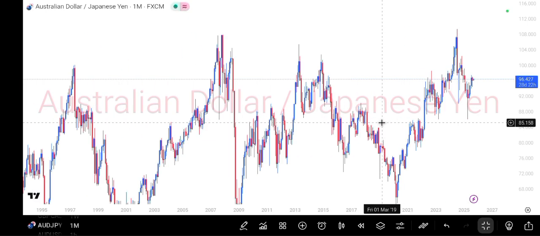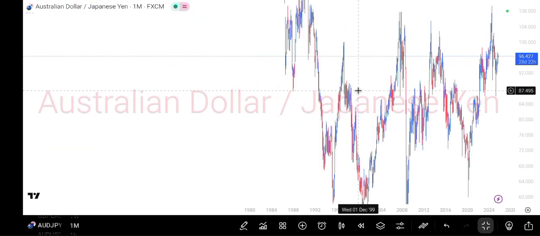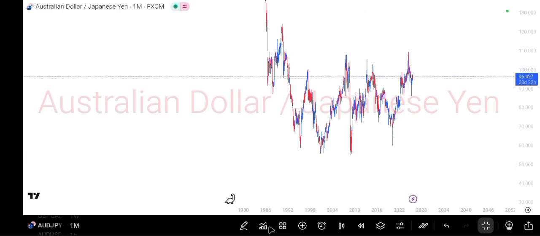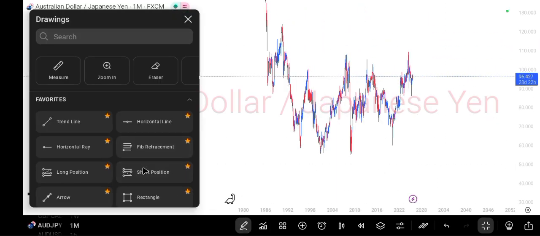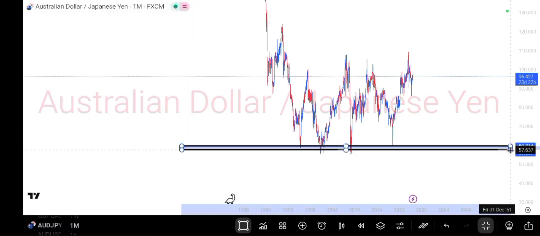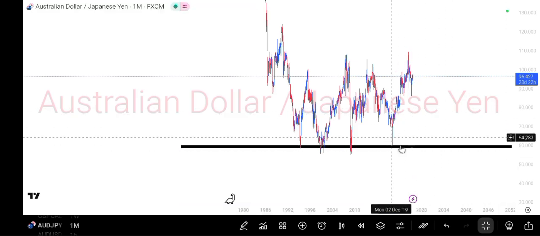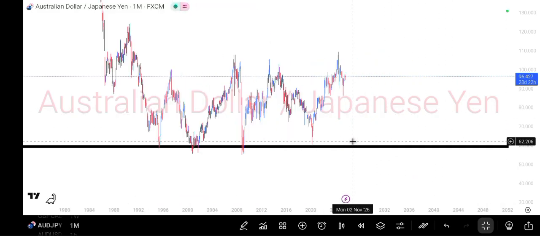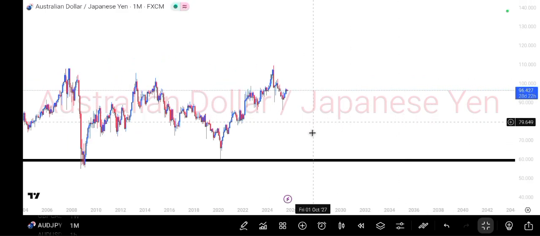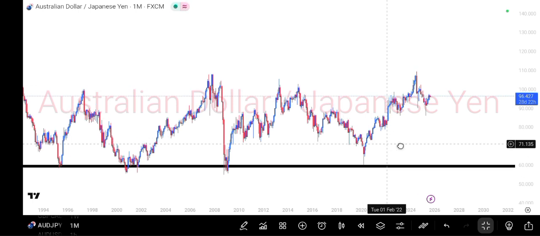Now I'll zoom in. I told us the weekly time frame is for plotting zones, so you are going to zoom in to get a clear view of where you're going to be plotting your key levels. I'll plot one of my rectangles, drawing it from end to end, just like so, because you must need a lot of touches. All the tools that I will be using in this class, you can see the settings in the recent post I dropped in the group.